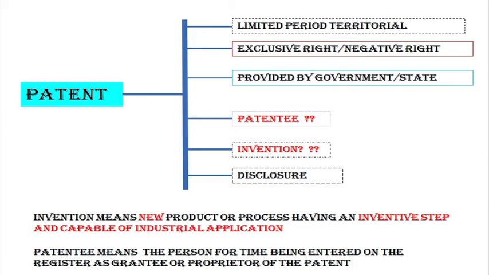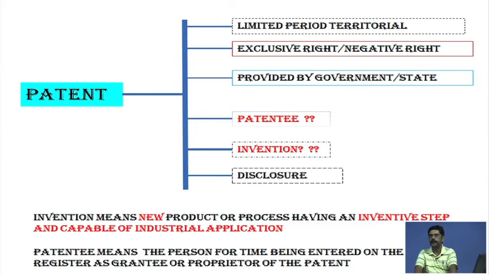Now, another part I already referred to, the patentee. The right will be provided to whom? To the patentee. So, what do you mean by patentee? Patentee means the person for the time being entered on the register as grantee or proprietor of the patent.